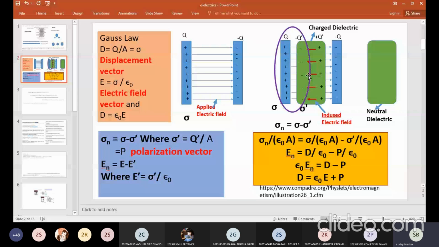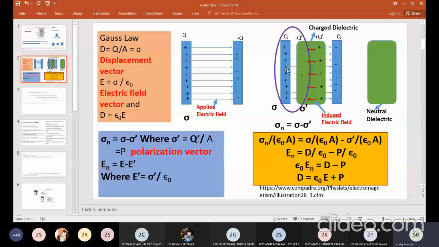Outside, there will be an electric field equivalent to the one you see over here. But inside the dielectric, the net electric field will be the applied electric field minus the induced electric field. Now the same thing is being said in terms of charge densities. Q is the applied charge, Q dash is the induced charge.